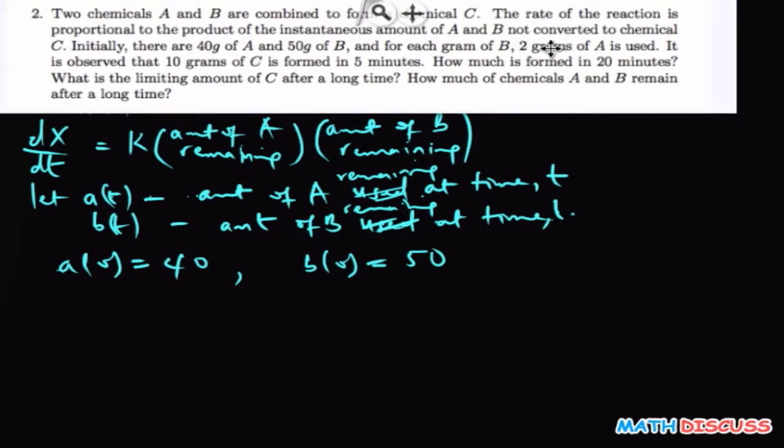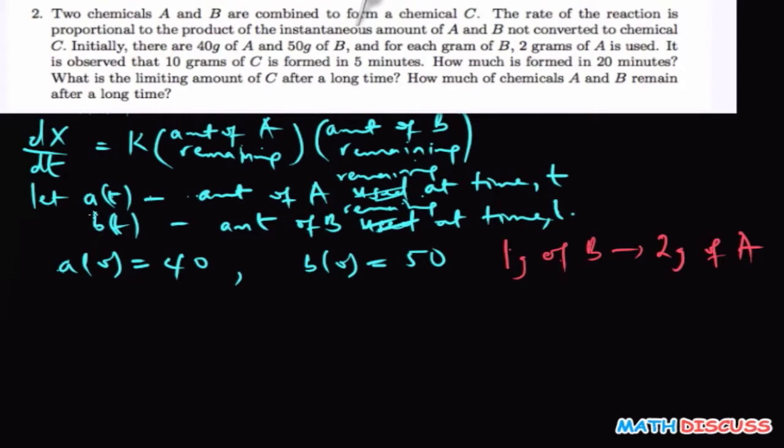And then we're told that for each gram of B, 2 grams of A is used. What that statement means is that for 1 gram of B, you would have used 2 grams of A. But how many grams of B are we using here?